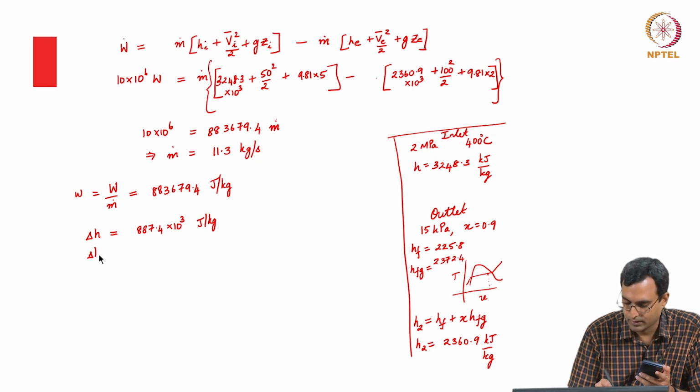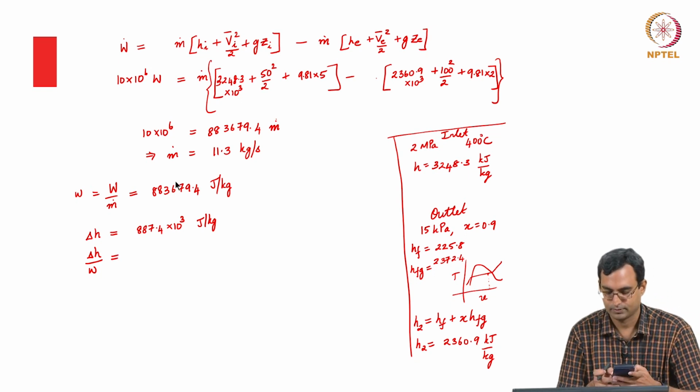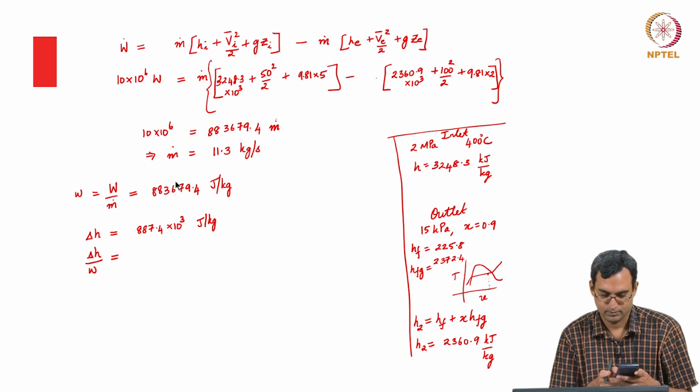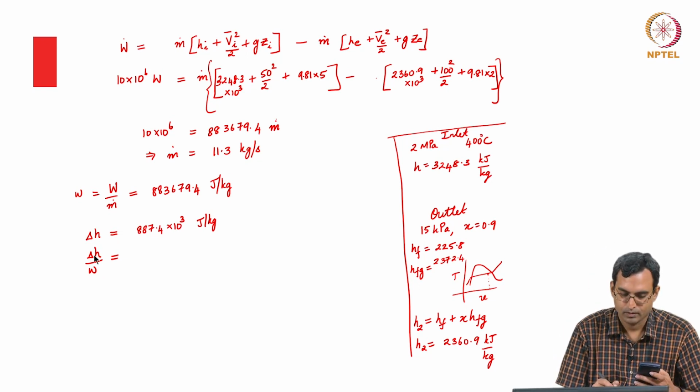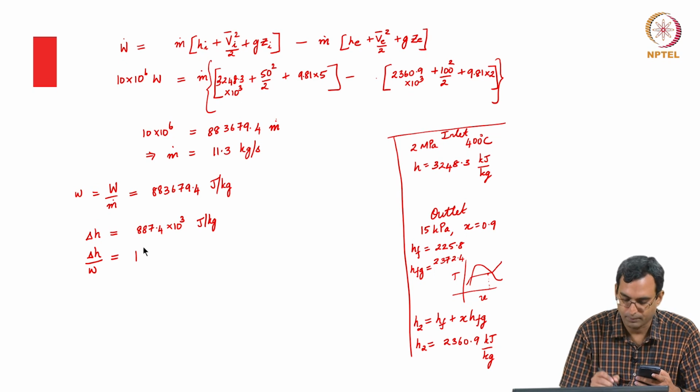So the contribution as a fraction of the total work is essentially this divided by that. Which is essentially almost 100%. It's 1 point something.